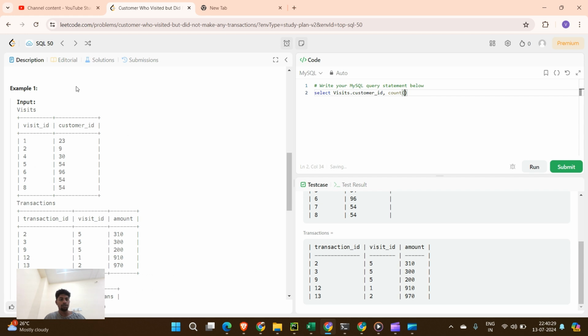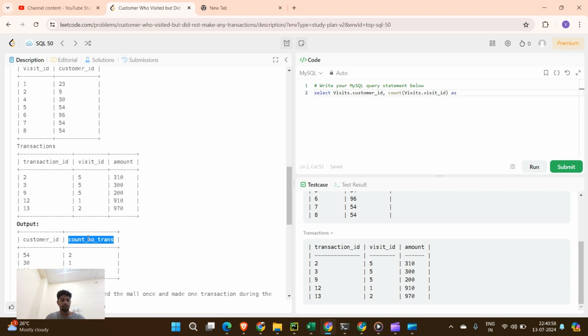In this count we want visits dot visit ID, so for visit IDs 7 and 8 not being there, that count we need. They've given the name as count underscore number of transactions, so we have to use this format only.